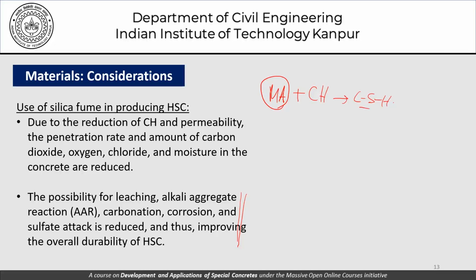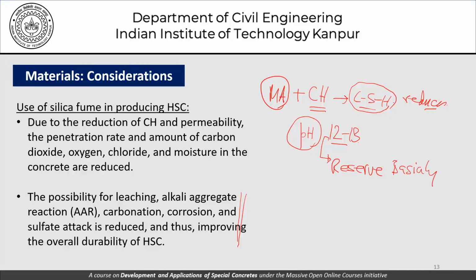Now, though on the one hand an increased amount of calcium silicate hydrate reduces the porosity, making the concrete denser, at the same time this is at the cost of consumption of calcium hydroxide in the concrete. Therefore, the pH values that we talk about in concrete, which are normally supposed to be about 12 or 13, could go down, and so could what we call reserve basicity.